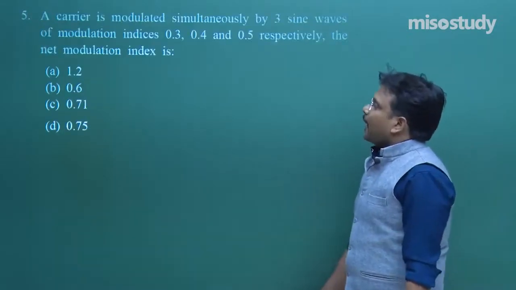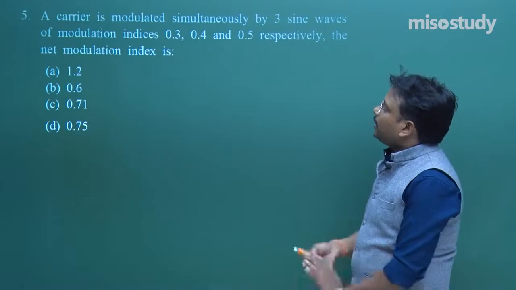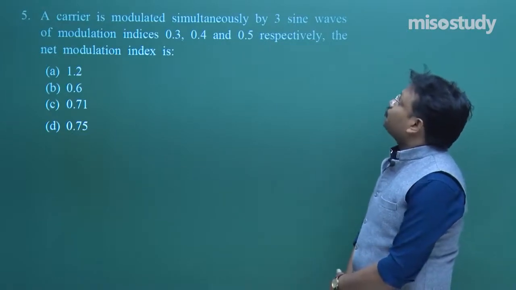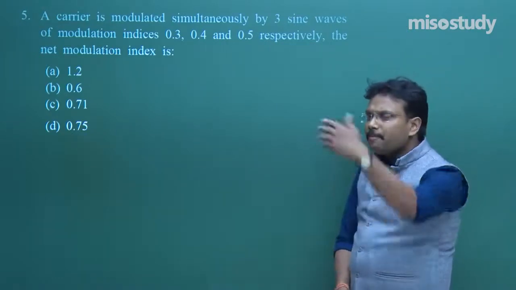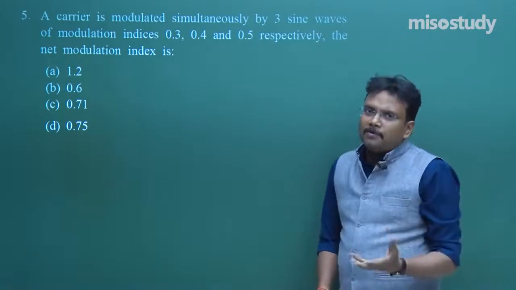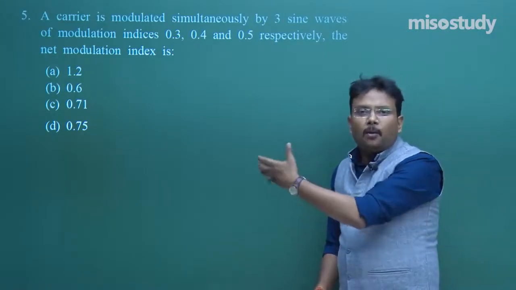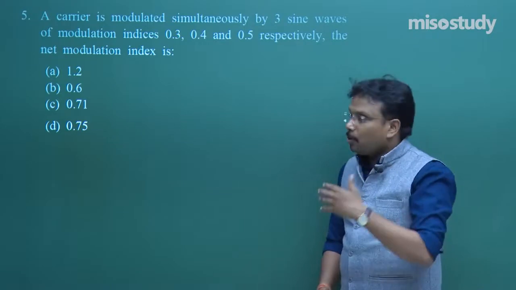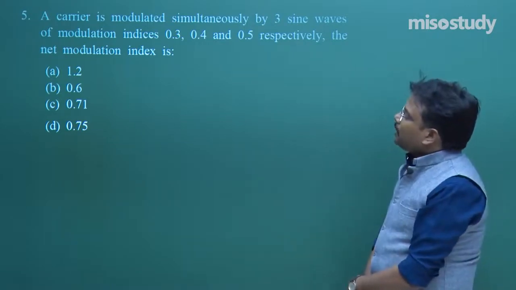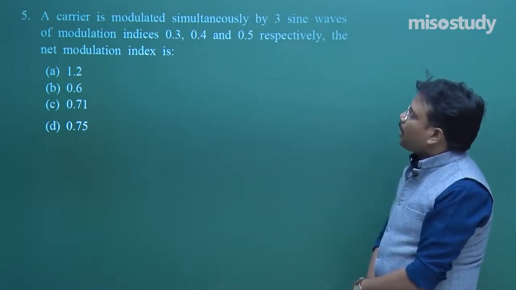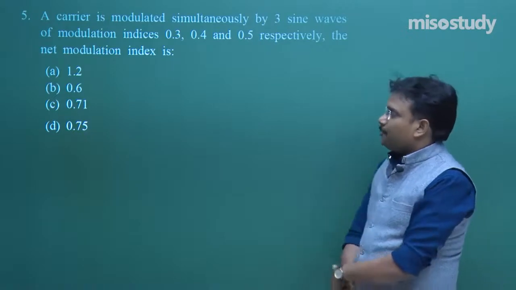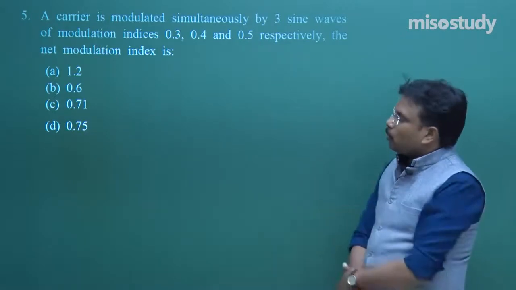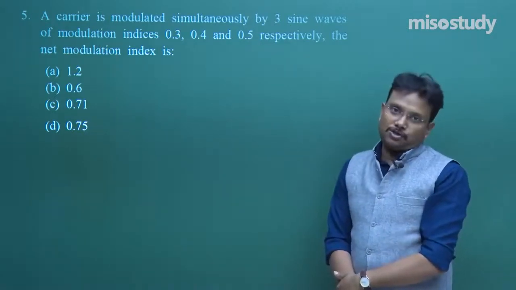Next question is, a carrier is modulated simultaneously by 3 sine waves. One wave, let us say y1 is equal to y naught sine omega 1t, another is similar and so on, of modulation indices 0.3, 0.4 and 0.5 respectively. The net modulation index is how much?